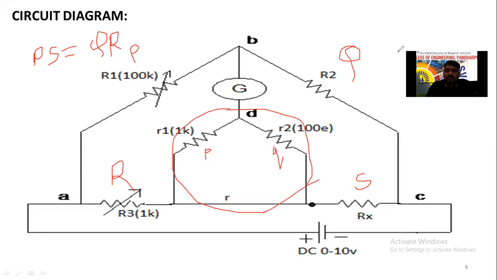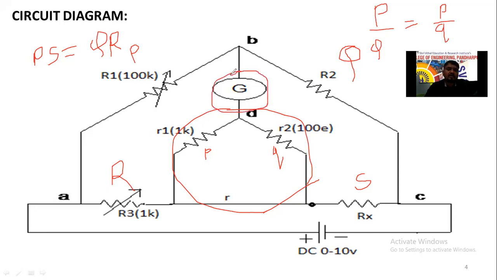Ratio arm means P by Q, and this small p by small q also we are going to call here. Whenever these two ratios are equal, on that condition we can say that the bridge is balanced.